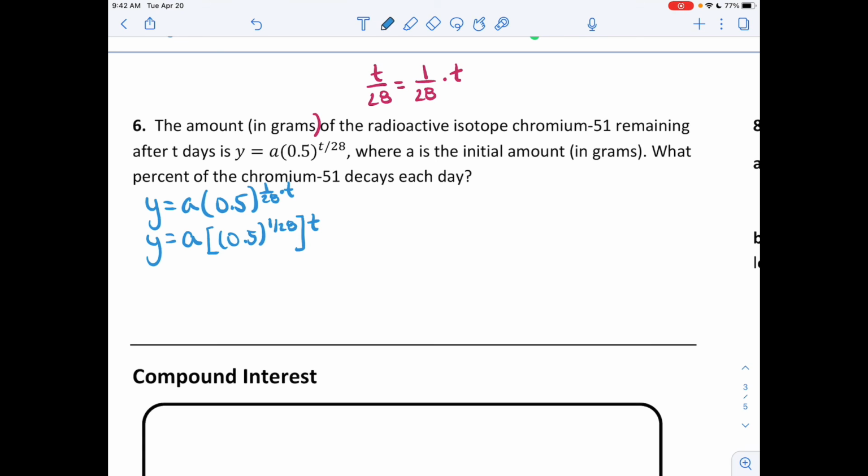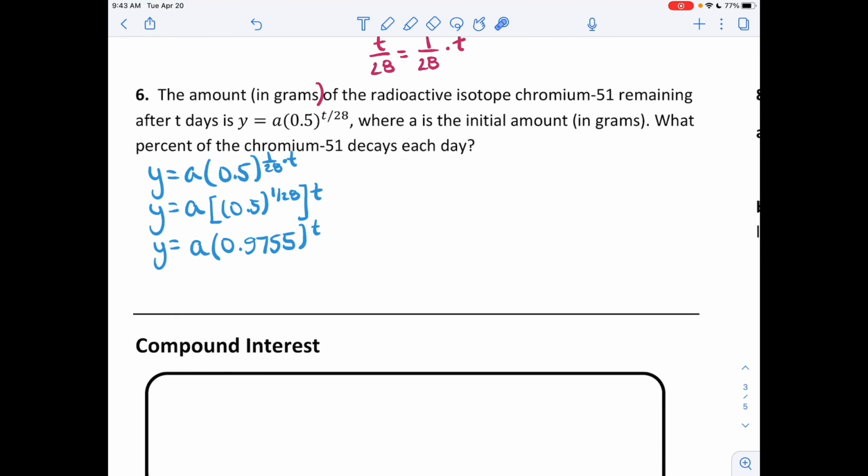Now, let's go ahead and evaluate 0.5 raised to the 1 over 28 power, and we'll get a new decimal, 0.9755, and that's raised to the t power. And now we have something in the format we're expecting, an a value, a b value, and a raised to the t power. So now we can see that our b value is 0.9755, and remember that that's equal to 1 minus r for decay.